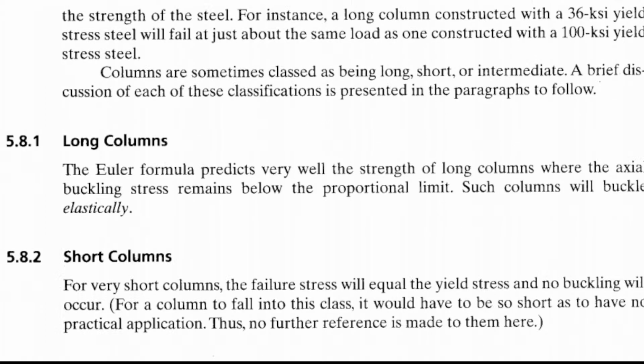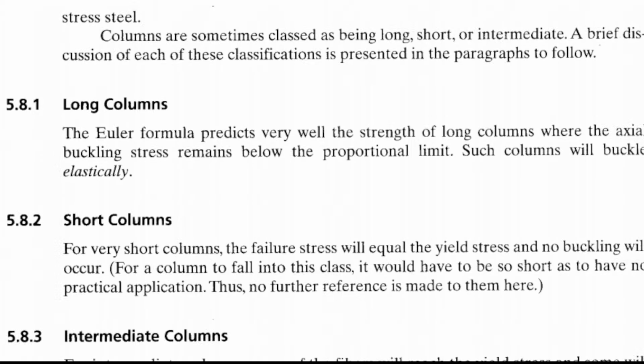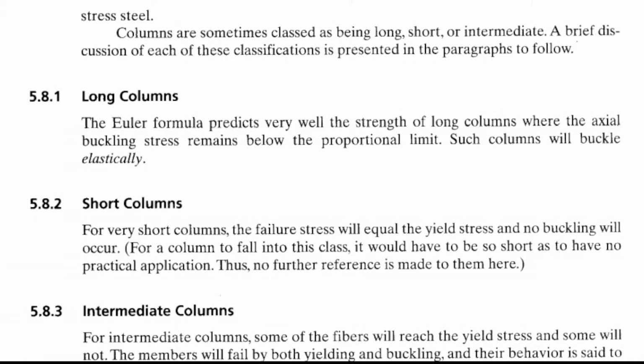When we talk about reinforced concrete columns, we have pedestal, short and long, 3 types. But when we are talking of steel, there are also only 3 types: long, short, and intermediate.